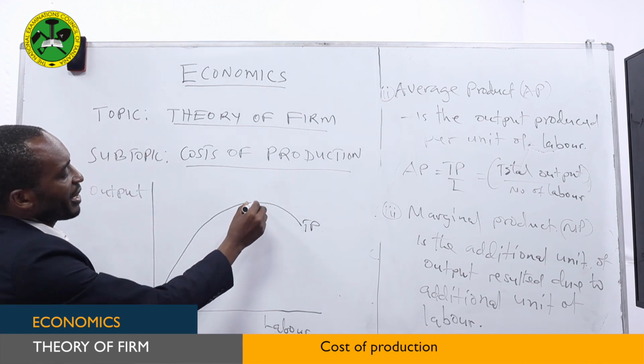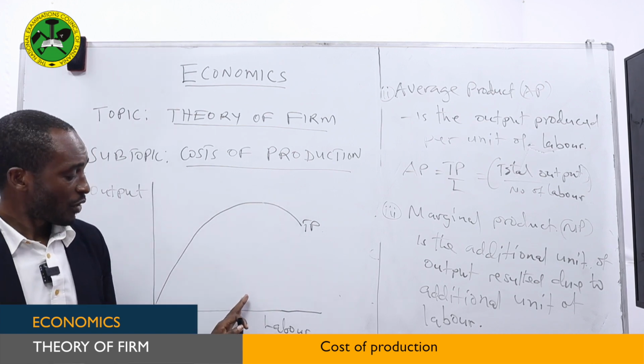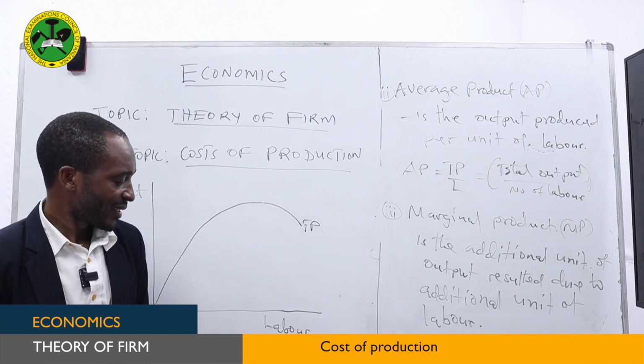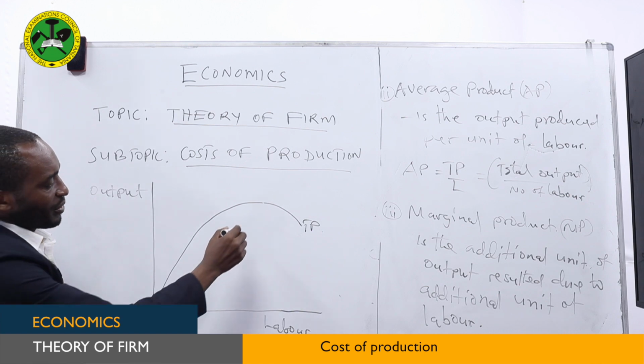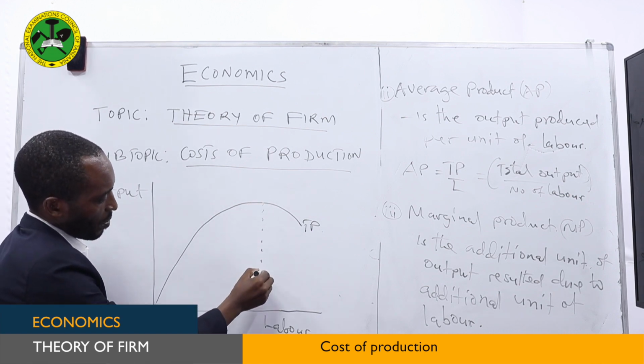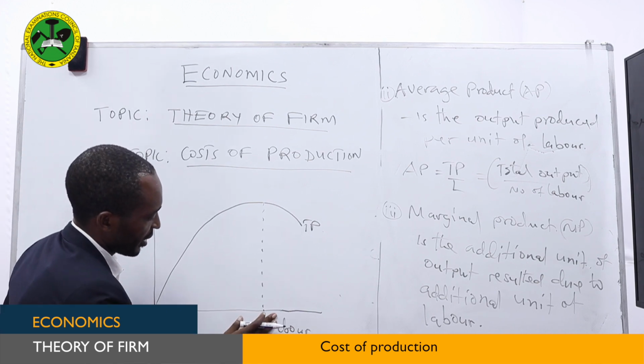So this is the maximum point of output. Then after that, if you employ more units of labor, the output will start to decline. So this we call the maximum point, when labor, let's say, is L1.